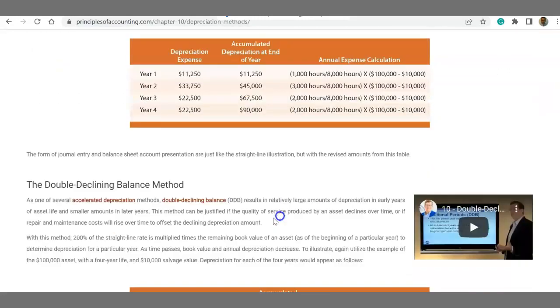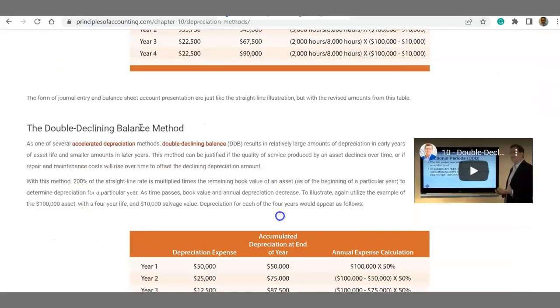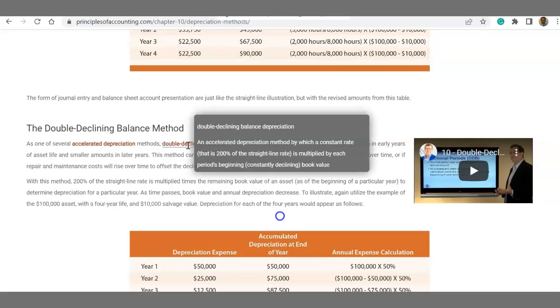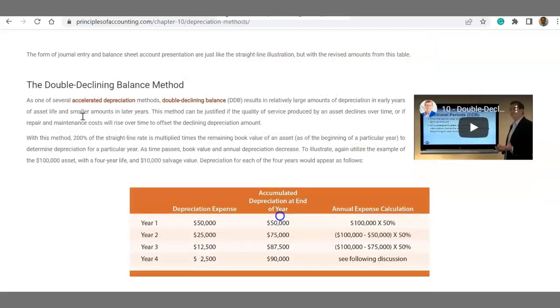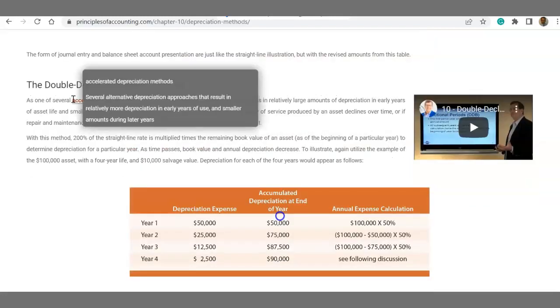But double declining method is the only method that you do not need to use your salvage value at the beginning of calculation whatsoever. So the only moment that you probably will need to know the salvage value is where you get very close to the end of useful life.